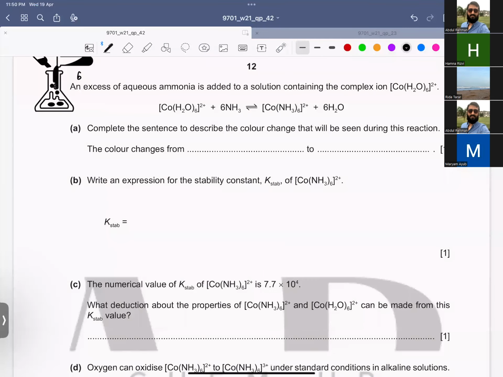The color changes from this to this. The color of this cobalt complex is actually pink, and when the ammonia joins, we would write pink to brown. Is this clear?